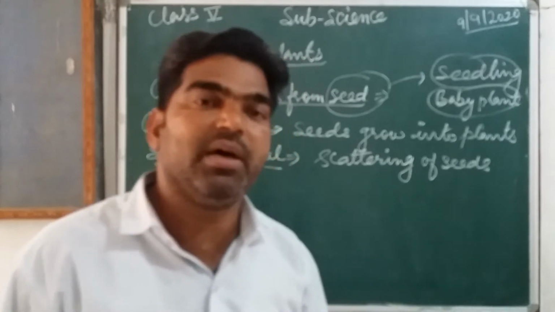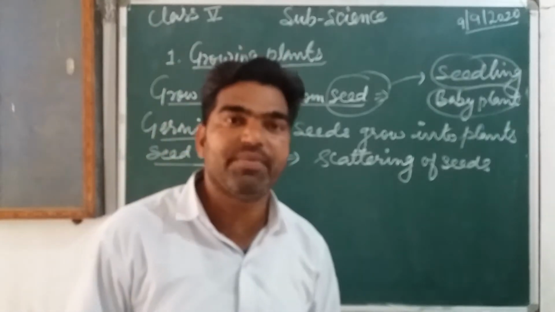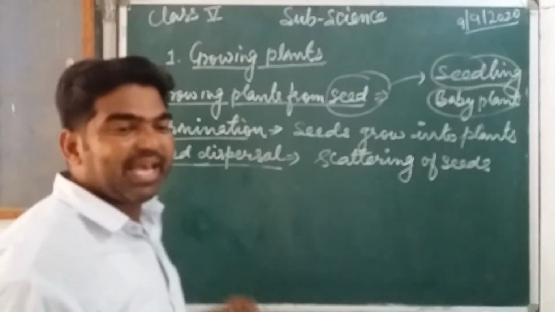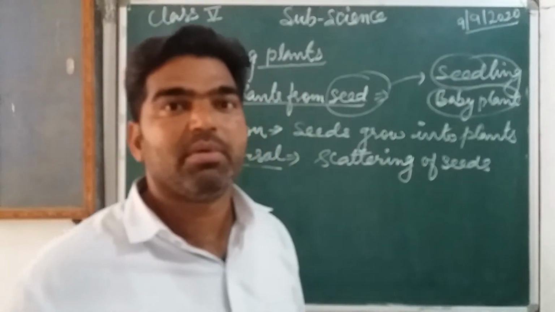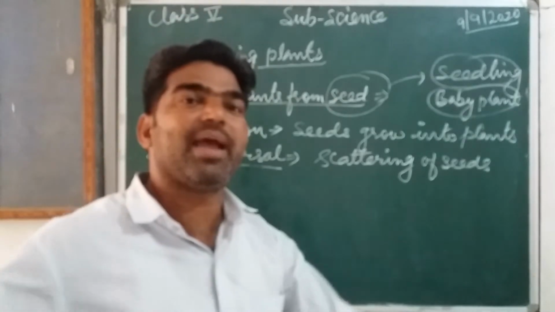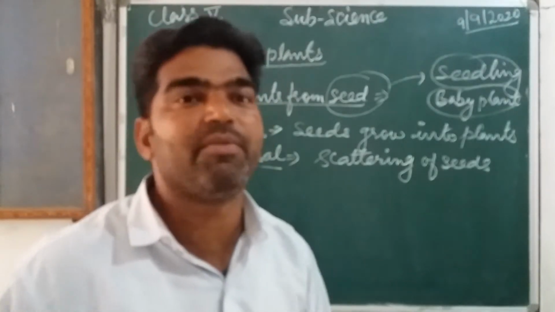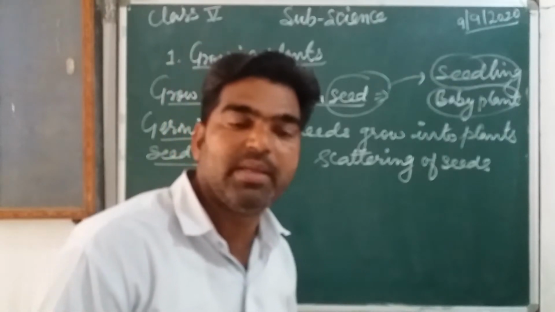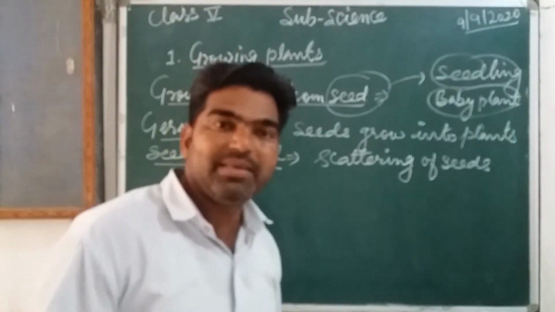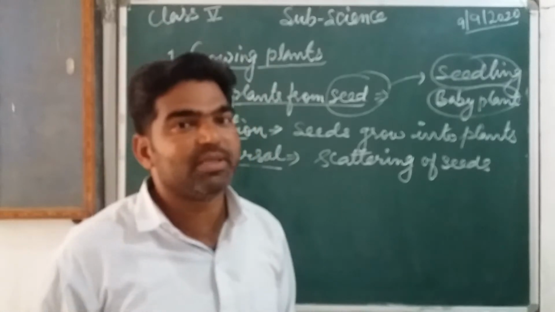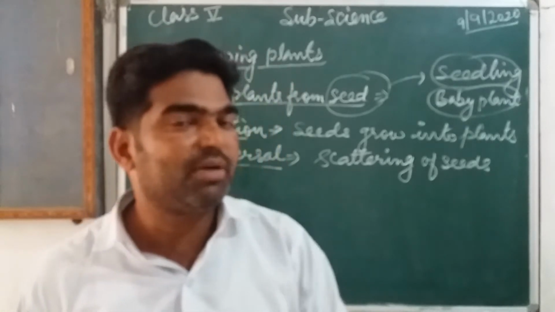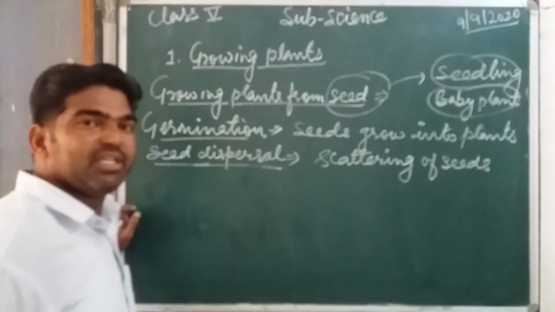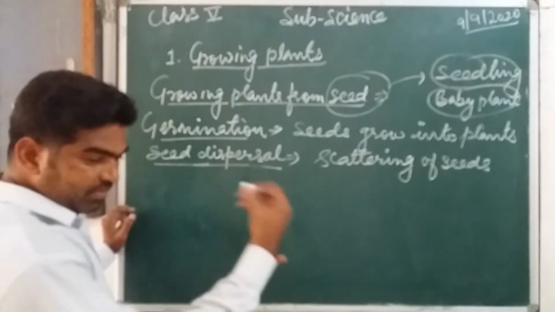These are all agents of seed dispersal. Agent means how the seeds are scattered or transferred from one place to another. What are the carriers, meaning who carries the seeds from one place to another place? Seeds can be dispersed in many ways.